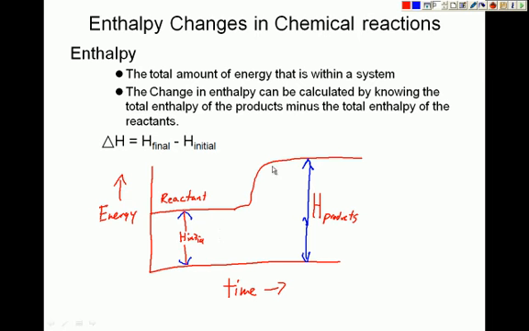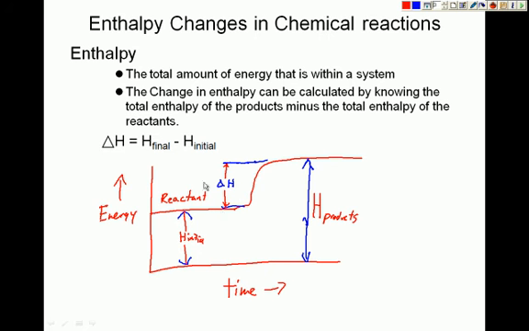And this distance right here is going to equal your delta H, because this distance is just the difference between products and reactants, or H final minus H initial. And that's going to equal your change in enthalpy.